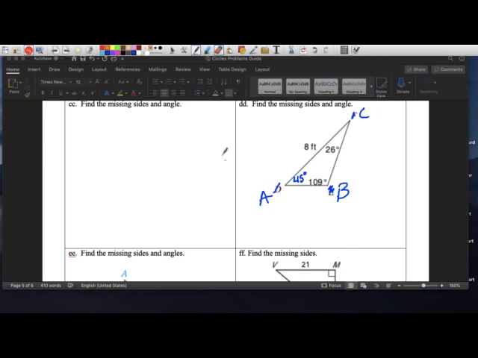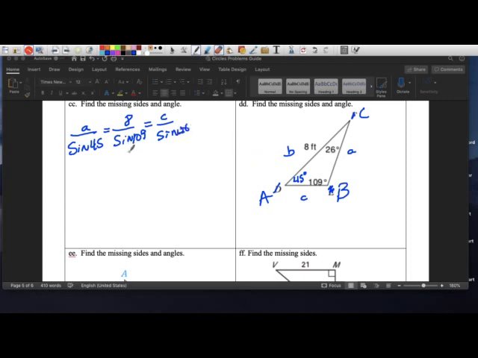So little a, little b, little c. I'm just going to write what I know: a over sine of 45, b, which is 8, over sine of 109, and little c, which I don't know, over sine of 26, which is this angle right here.